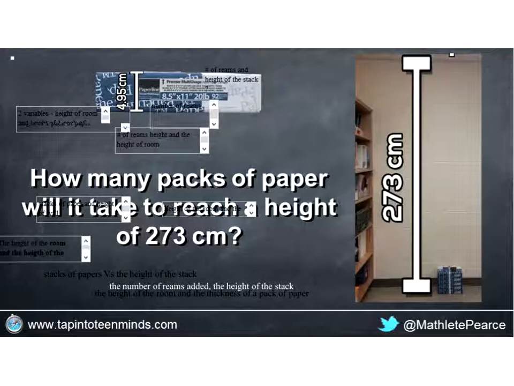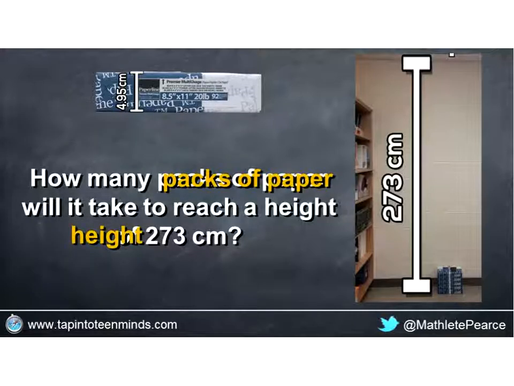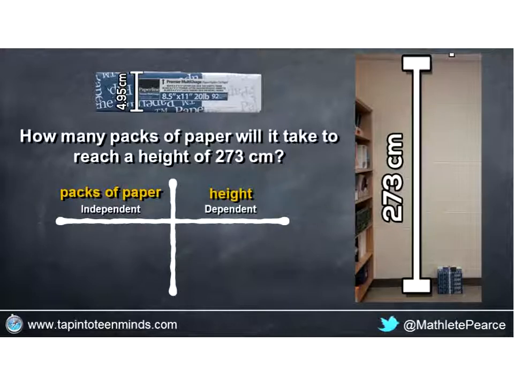So I'm suggesting that we really leverage that. In this case, we're identifying our packs of paper, sorry about the blurred writing there, and our height. Everyone's defined it in a slightly different way, number of reams and height of room or whatever it might be, but ultimately those are the 2 variables we're talking about.